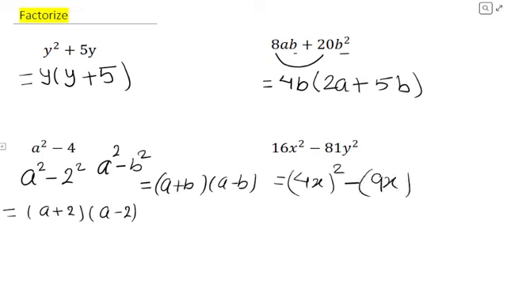If you compare, this is a square and this whole is b square. So this is now 4x plus 9, and then 4x minus 9. So this is a plus b, a minus b.